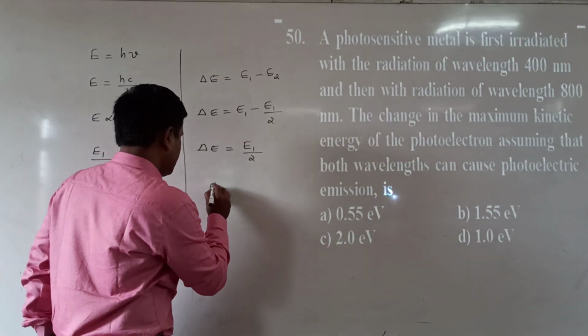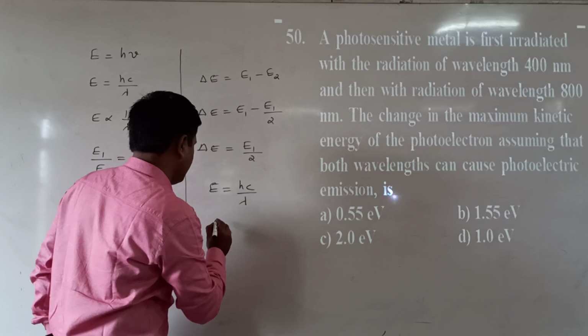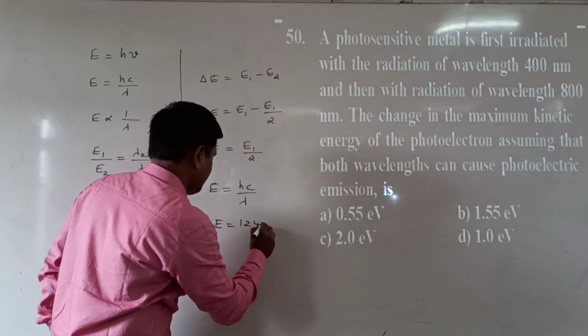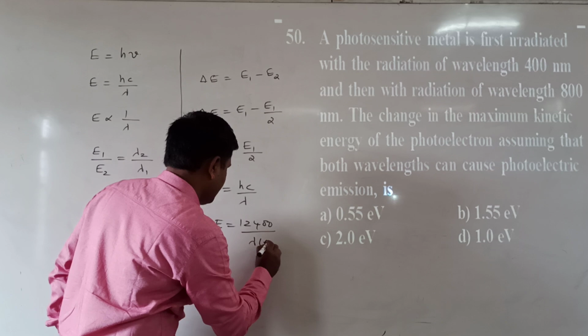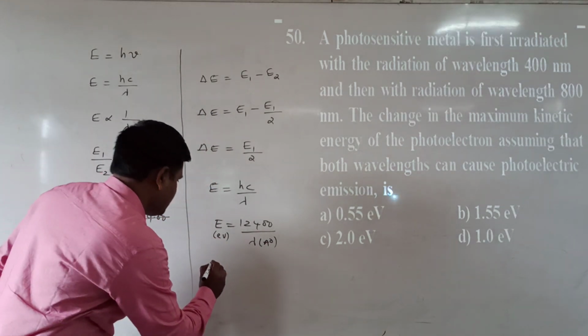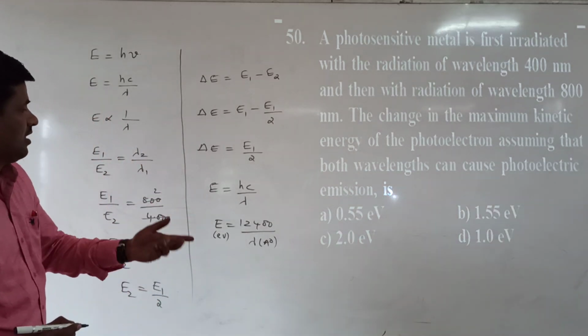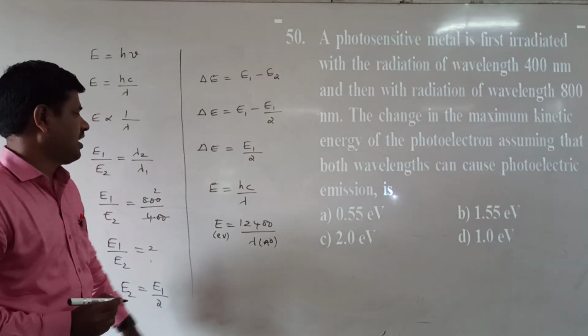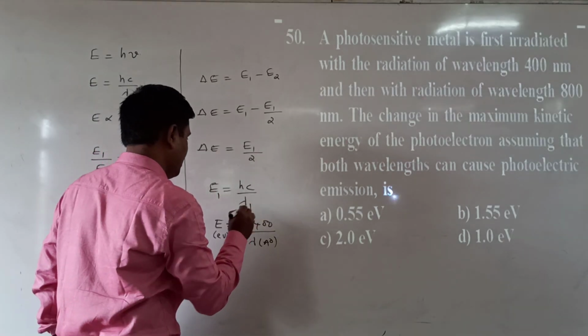Now E is equal to, we know the formula, hc by lambda. So this value is equal to 12,400 by lambda in angstrom, and we get the E value in electron volt. Now the lambda value is given in nanometer. That is for the first wavelength. I will consider the first wavelength here. E1 value I am finding here, lambda 1.